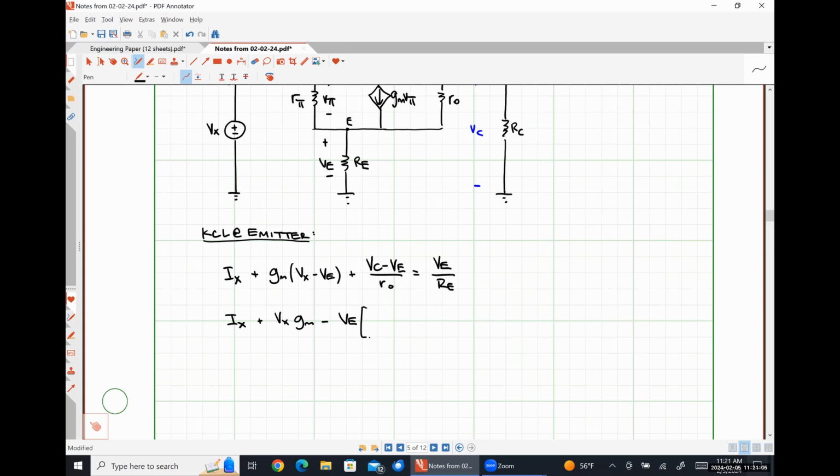And then I get a 1 over R naught plus 1 over RE plus GM. And then lastly, I have my VC term that's only multiplied by 1 over R naught. And this is equal to 0. And here's my first equation.